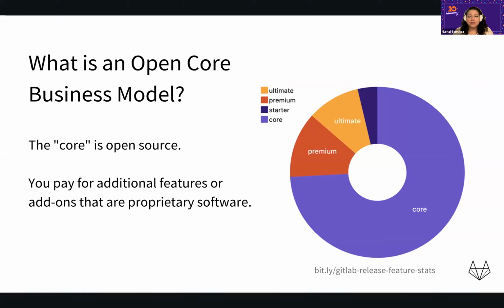And you pay for additional features or add-ons that are proprietary software. To help us visualize what this means, I have an image to the right that shows the features that are in the core. The vast majority of features are in the open source core. And then there's a part of that that is proprietary software that you have to pay to unlock.